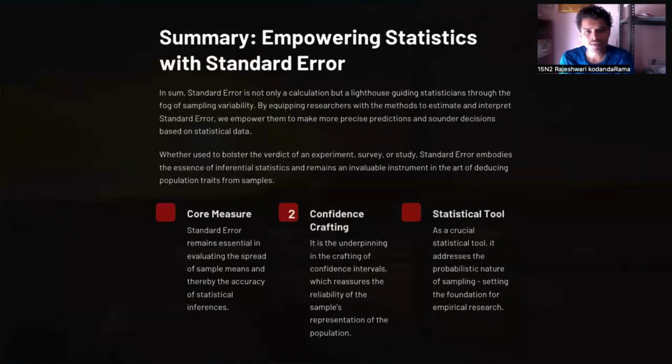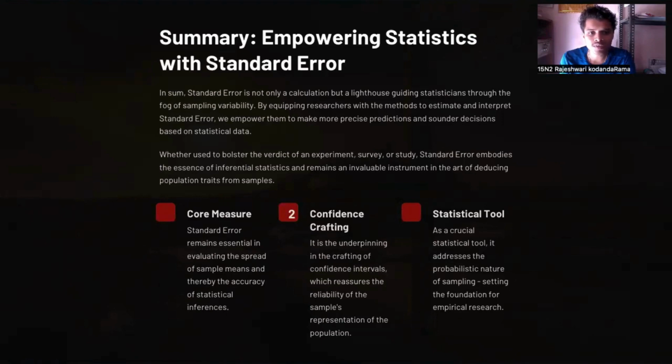So, summary: empowering statistics with standard error. In sum, standard error is not only a calculation but a lighthouse guiding statisticians through the fog of sampling variability. By equipping researchers with the methods to estimate and interpret standard error, we empower them to make more precise predictions and sound decisions based on statistical data.